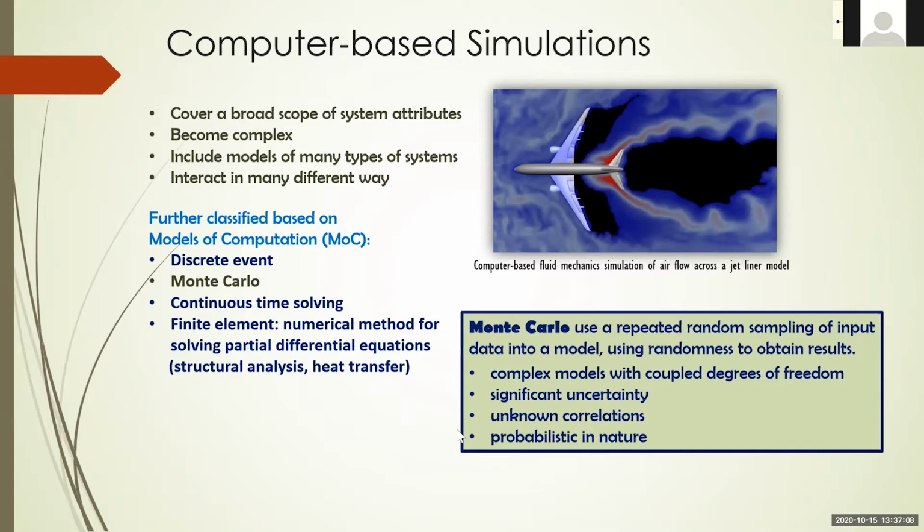So it uses repeated random sampling of input data on a model, using randomness to obtain the results. So we are using some probabilistic aspects when we are building Monte Carlo. And it is good for complex models with a couple of degrees of freedom, significant uncertainty, non-linear relations, and it is probabilistic in nature.